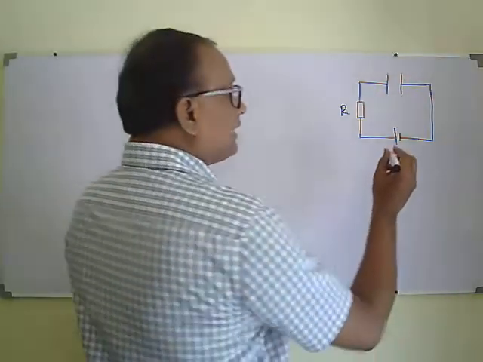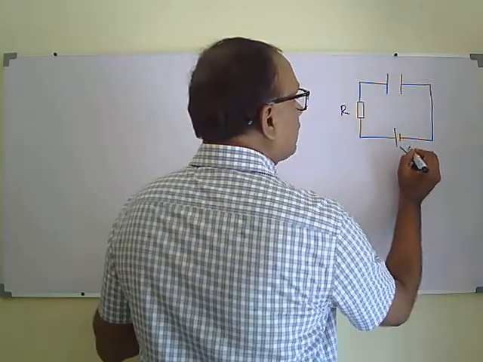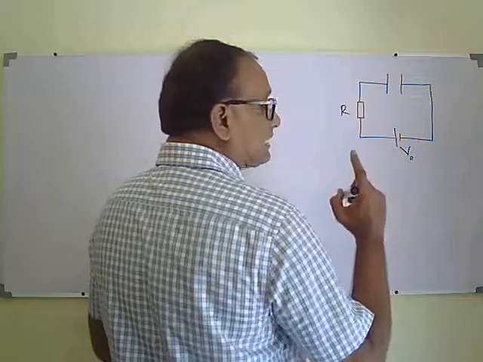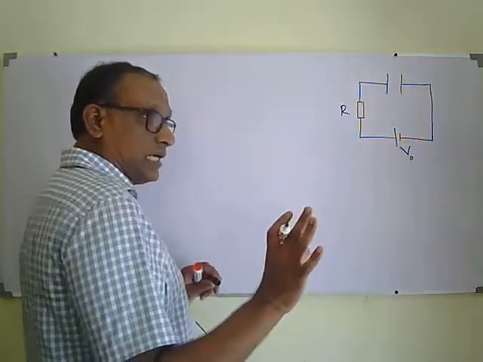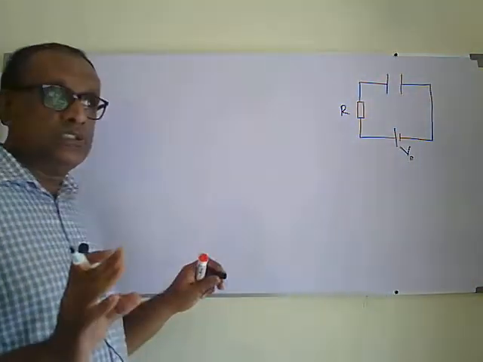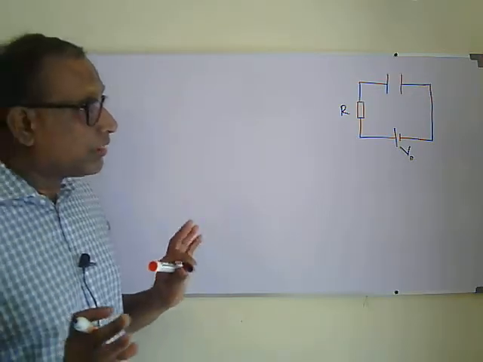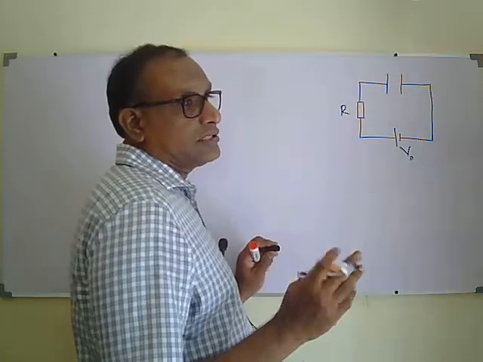So if I say the EMF of the DC power supply is V naught, initially the capacitor has no charge. If the capacitor has no charge, the voltage across it will be equal to 0.